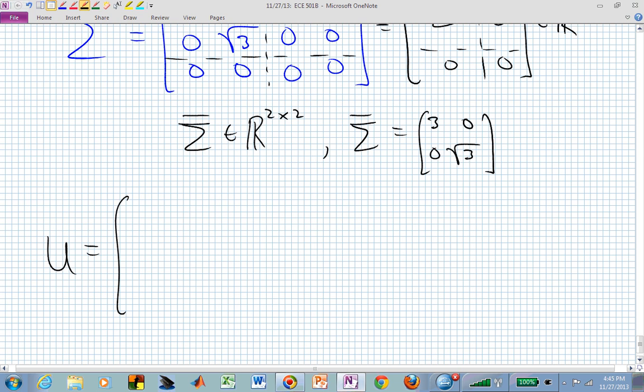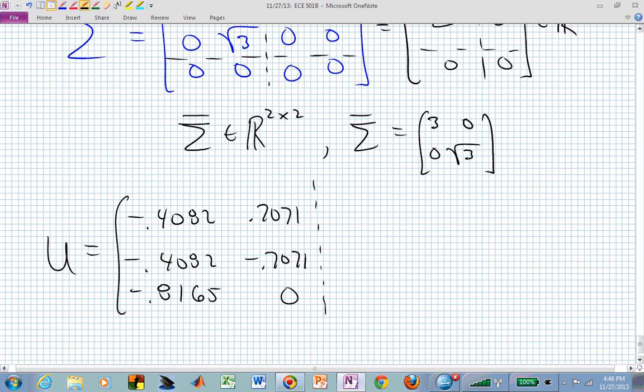The U matrix is going to be minus 0.4082, minus 0.4082, minus 0.8165; 0.7071, minus 0.7071; and then we want to partition it compatibly with the sigma matrix, and the last column is 0.5774, 0.5774, and minus 0.5774.